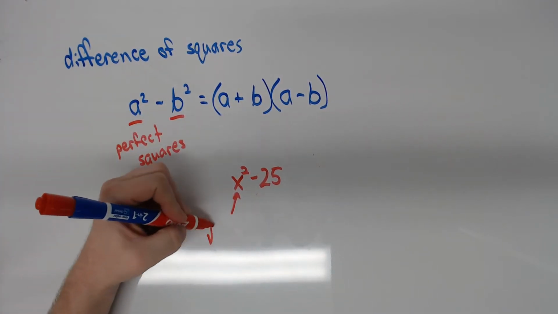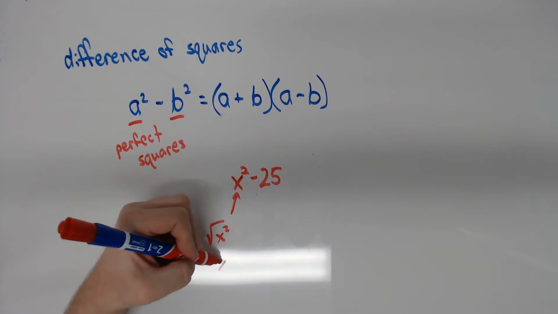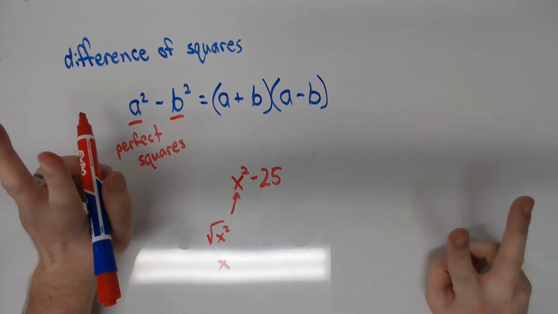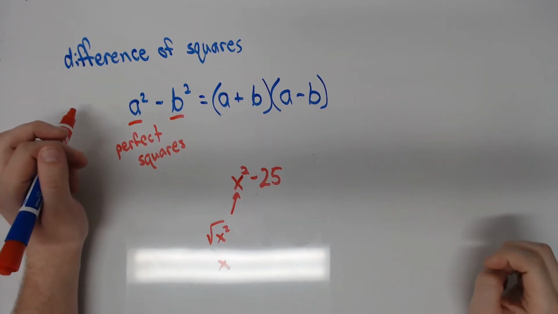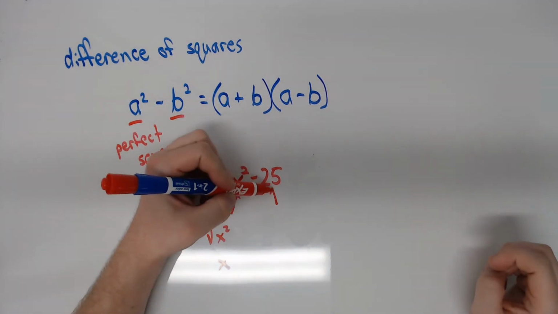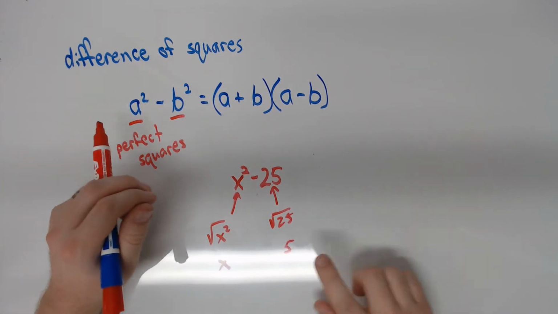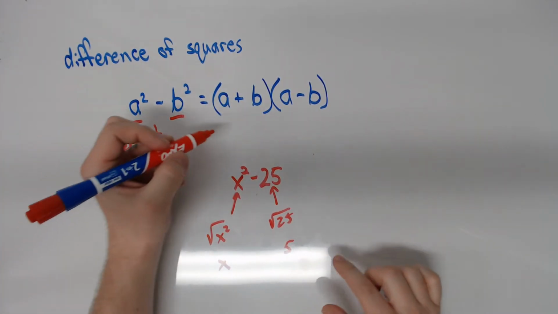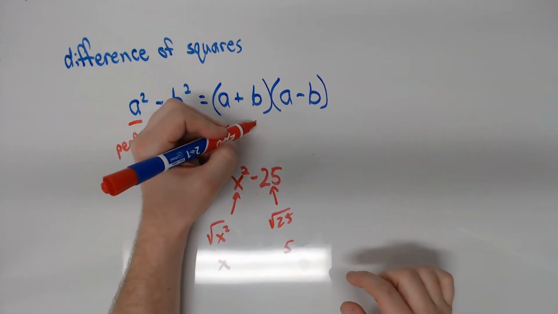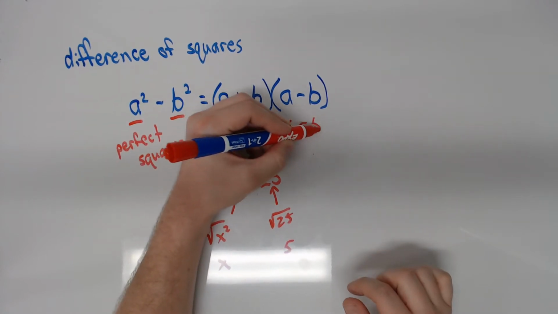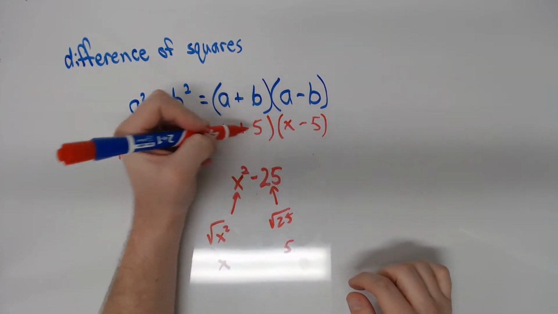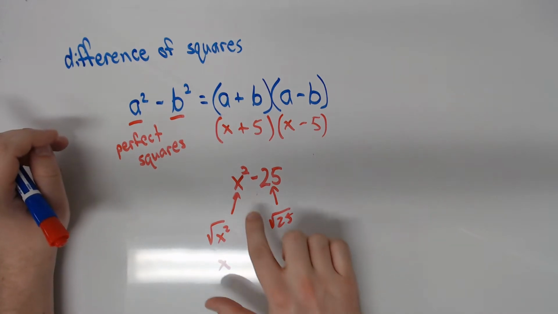So the square root of x squared means I would just use x for the a. And then over here, this is b. Square root of 25 is 5. So 5 is my b. So I'm going to fill this in as x plus 5 and x minus 5. And it's only because we identify perfect squares with a difference in between.